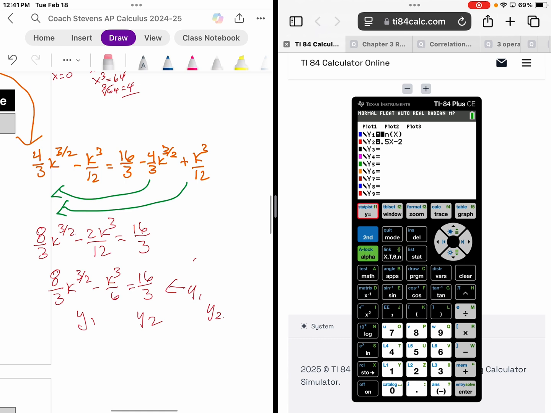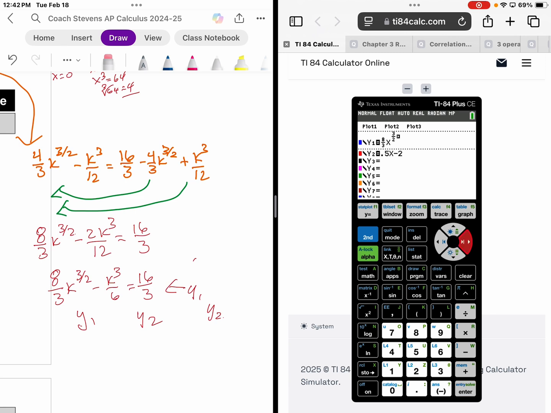For y1, I'm going to type in clear, alpha, y equals 8/3 x raised to the alpha power, and then that'd be 3/2.